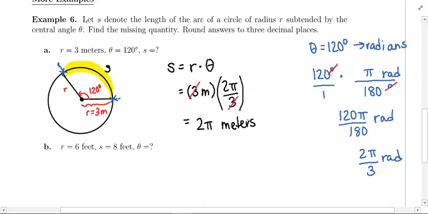So this 2 pi is an exact answer, but you've got to be careful, especially if you're in my math lab and it's asking for a specific type of answer. If it asks you for a decimal quantity, you're going to have to give that. So yes, 2 pi meters is correct for the arc length, but if the directions are asking for a decimal answer, then you should give that.